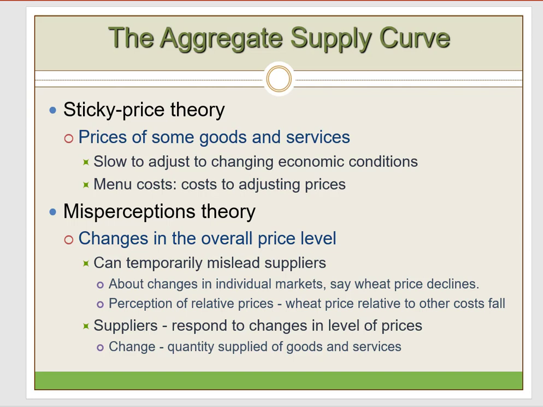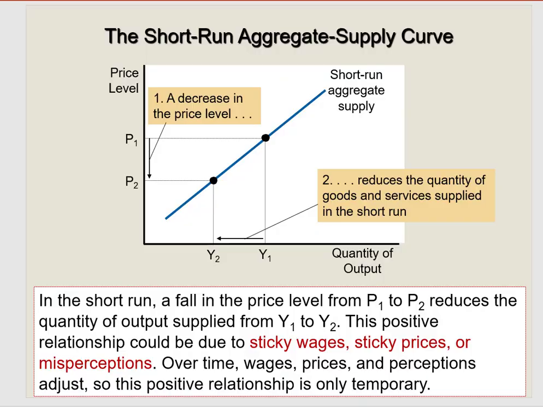But because the overall price level declined, let's go back now, they will sell less or even not sell at all because other producers reduce their prices. So their sales will then start declining.